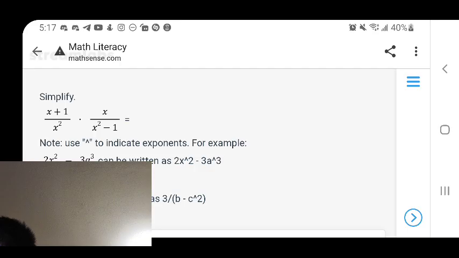X squared minus 1 is x plus 1 times x minus 1. As much of this minus x. Yep. X plus 1 cancels out, and 1 of the x's cancels out. So you're left with 1 over x times x minus 1, or I guess you should do 1 over x squared minus x.